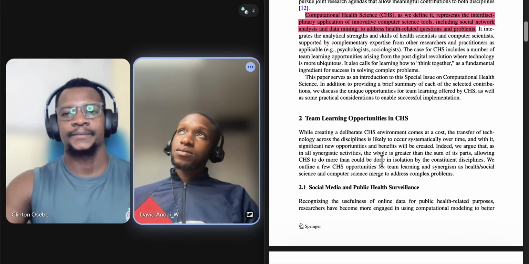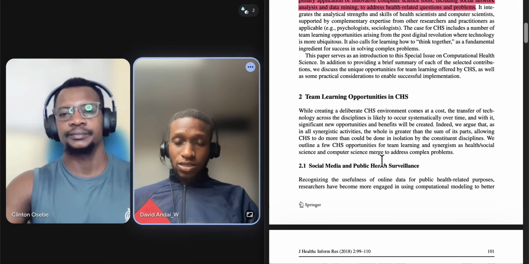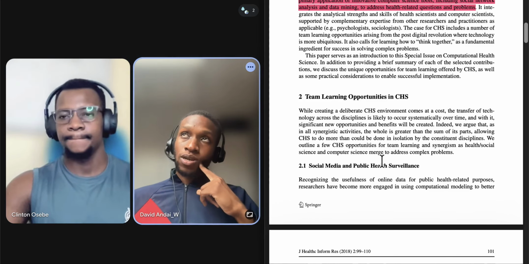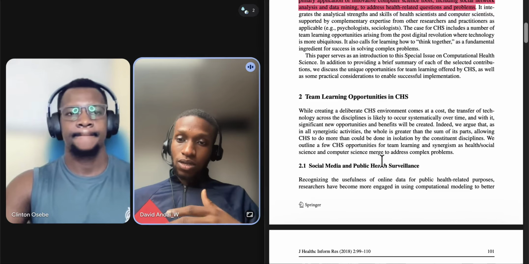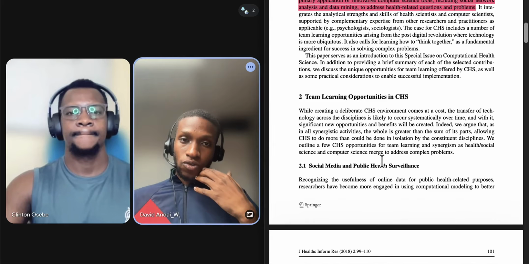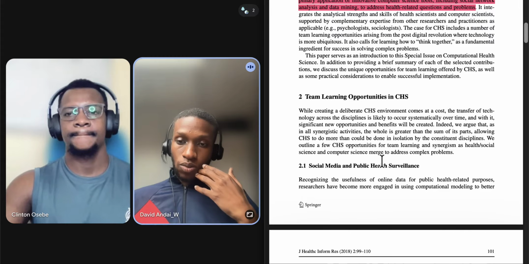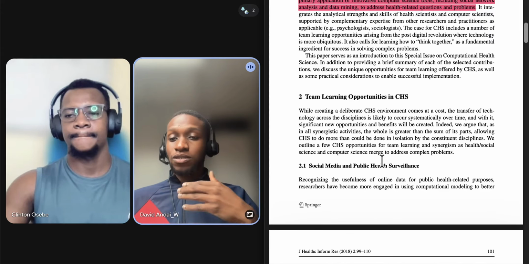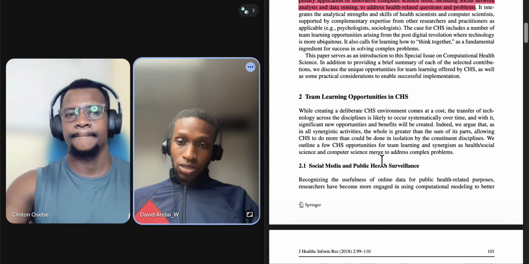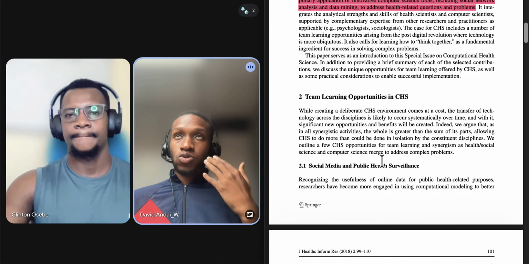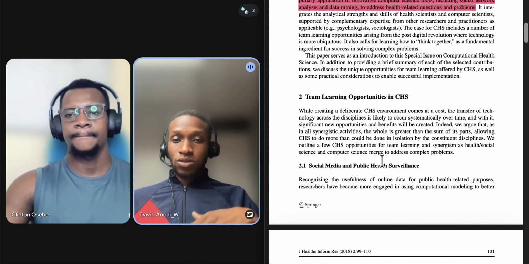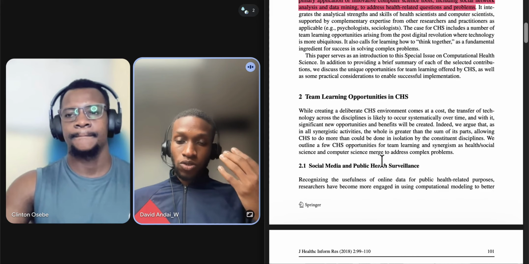Just thinking from the top of my head, when you want to solve problems and you're looking for different ways to approach the problem, combining these fields might be a way to go about it. Also, if you want to have environments with multidisciplinary teams, combining these two fields might be a way to go about it.